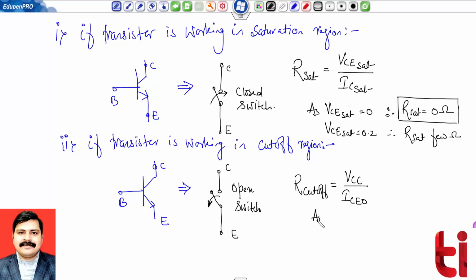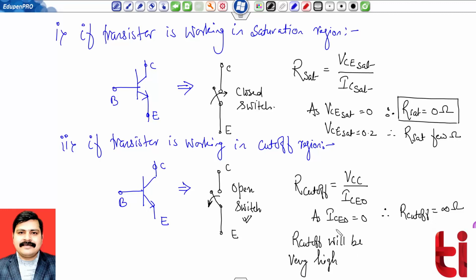As ICEO is 0, R cutoff will be equal to infinite ohm, or practically very high. For a finite value of ICEO, R cutoff will be very high, and that signifies the open circuit behavior of my transistor.